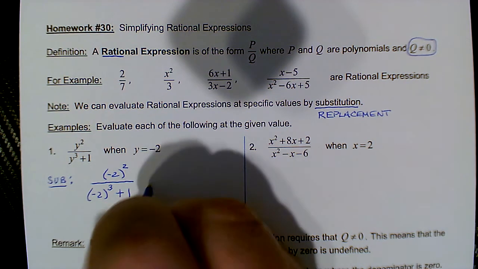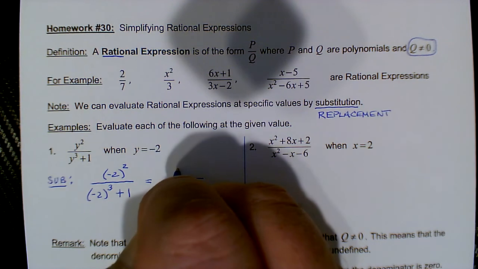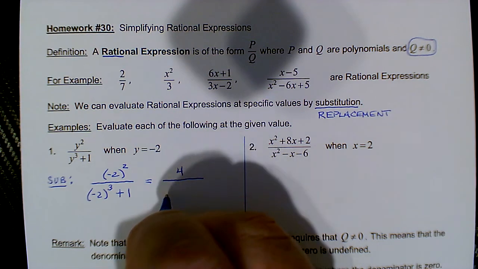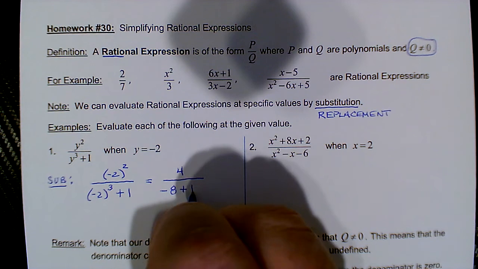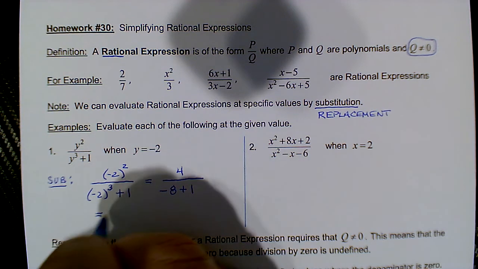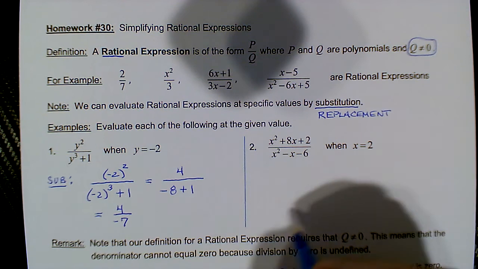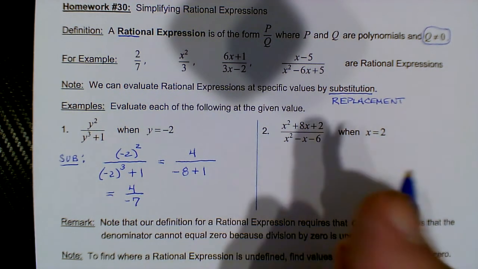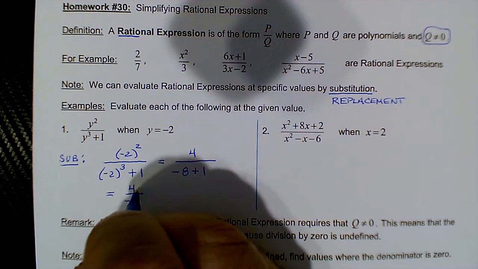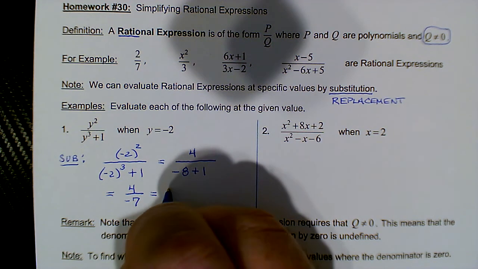And then we just simply do the arithmetic. So -2 squared is +4. -2 cubed is -8. Don't forget to tag along the 1. And that gives us 4 over, combining -8 and 1, we get -7. And also recall that when we have a fraction with a negative in the denominator, it's preferred to associate the negative with the numerator.